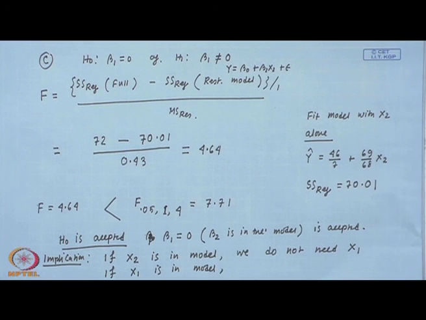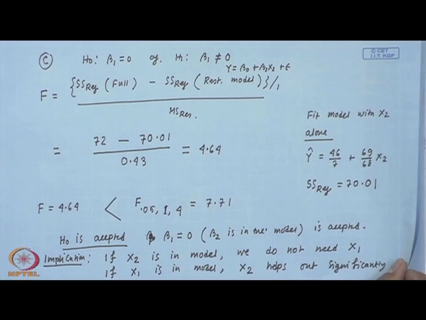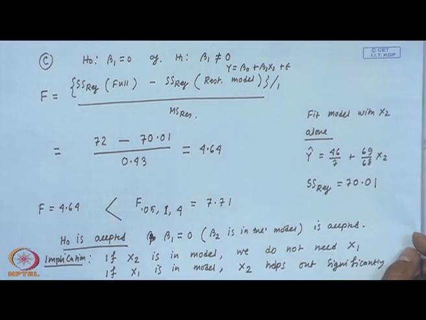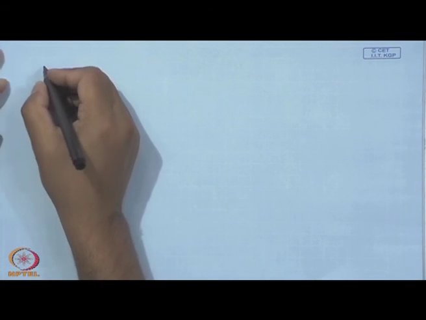So, if x 1 is in the model, then we include x 2. So, x 2 helps out significantly. Right. So, this is the implication of these two partial tests.